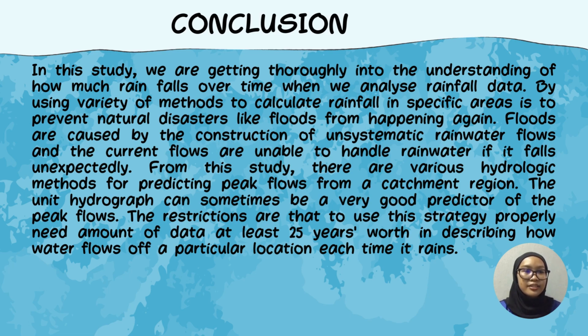From this study, there are various hydrologic methods for predicting peak flows from a catchment region. The unit hydrograph can sometimes be a very good predictor of the peak flows. The restriction is that to use this strategy properly, we need at least 25 years' worth of data describing how water flows at a particular location each time it rains.